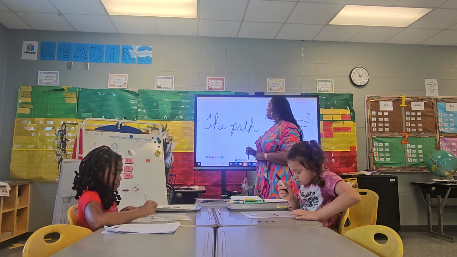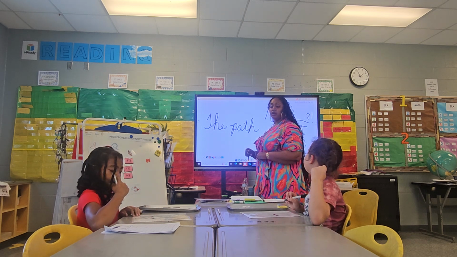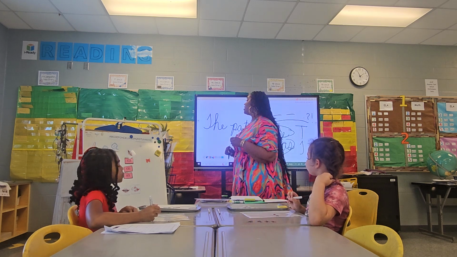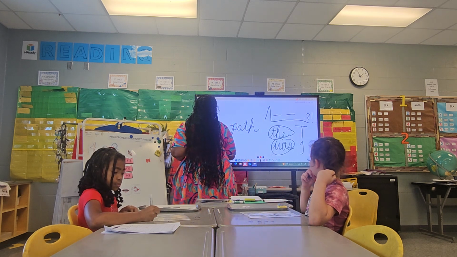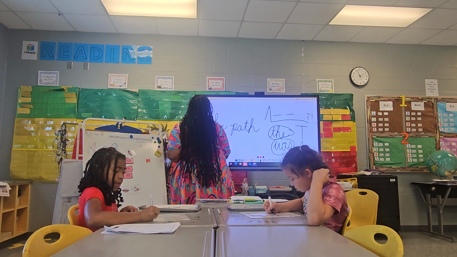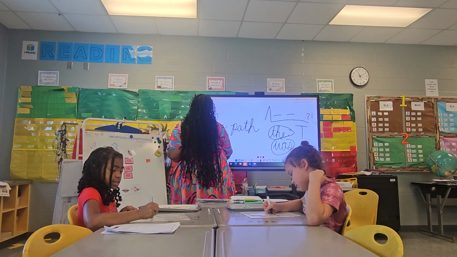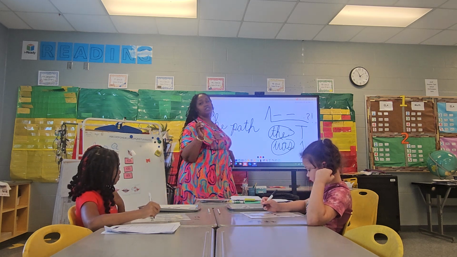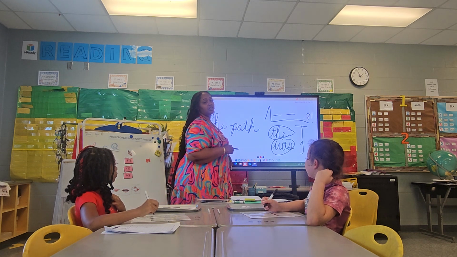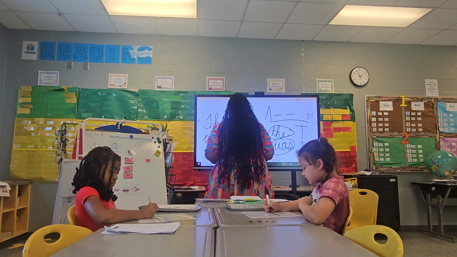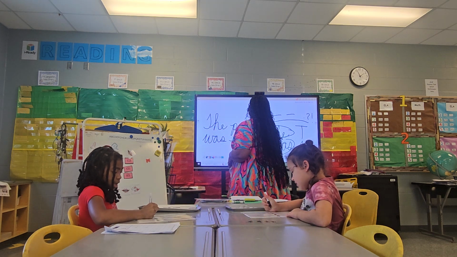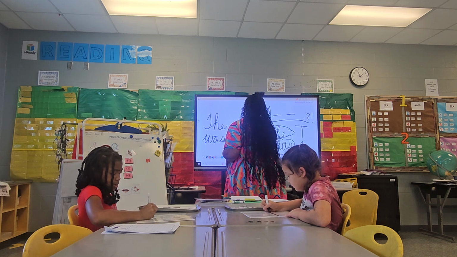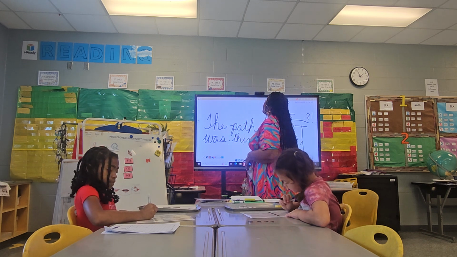What's our next word? Was. Can you spell was for me? W-A-S. Good job. What's our last word? Thin. All right, spell thin. T-H-I-N. And then we're going to end our sentence with a period.